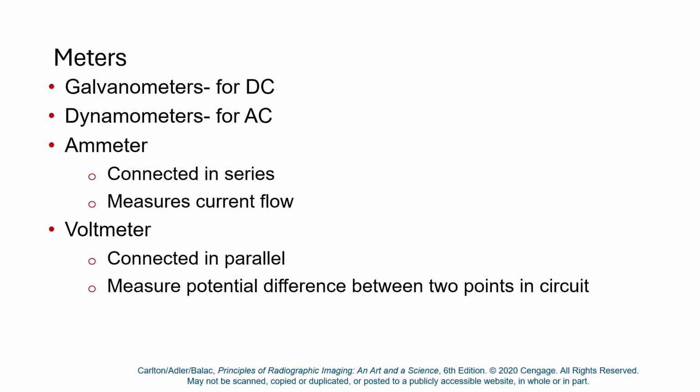Voltage is constant in parallel. So if we want to measure the voltage across the X-ray tube, and that's done at the pre-reading voltmeter, and we'll learn about that when we cover the schematic, you wire that voltmeter in parallel to the X-ray tube. And then whatever you measure on the voltmeter is the same because voltage is constant in parallel.